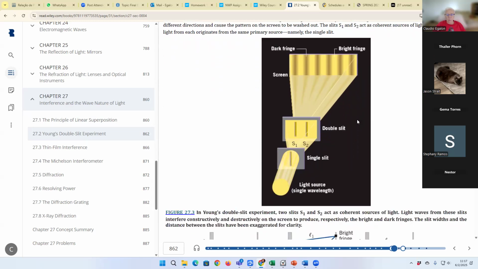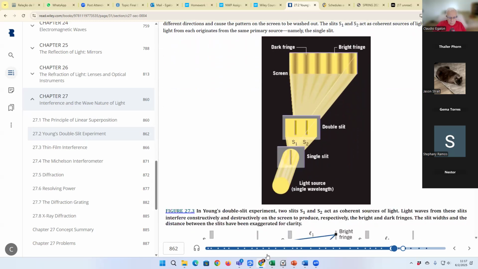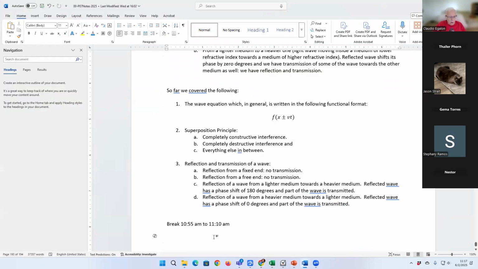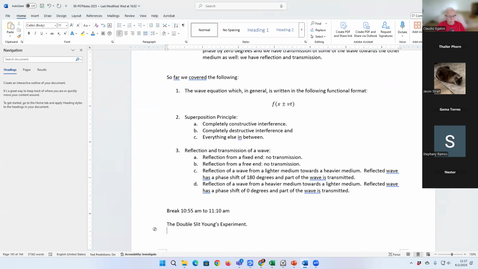So how does it work? So let me start writing down Thomas Young's double slit experiment.